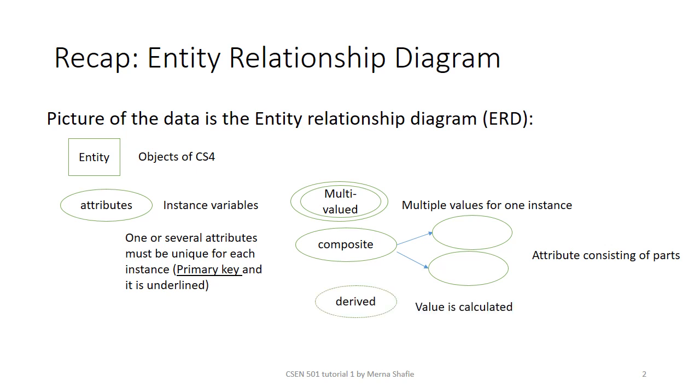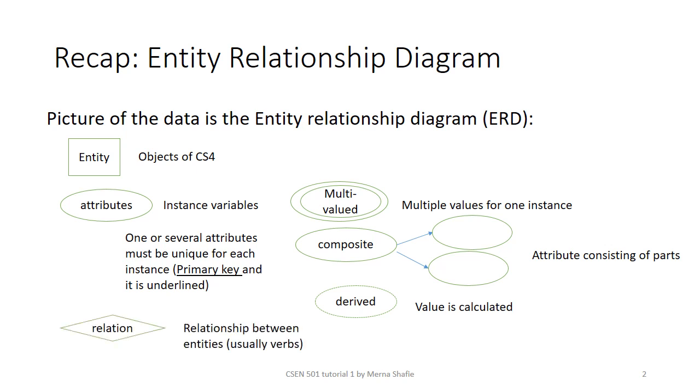And we have seen the derived attributes, like the experience years calculated for the pilot example in the previous tutorial, which is any attribute that can be calculated from other attributes. For example, if we have the start date of the pilot and the current year, we subtract the start date from the current year, and we get the difference, which demonstrates the experience years of this pilot.